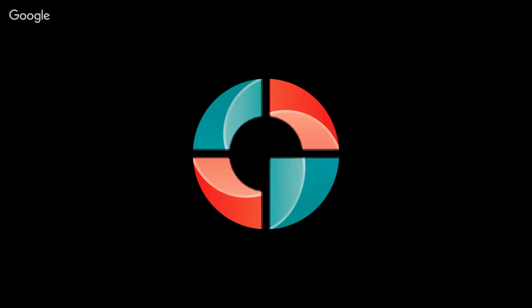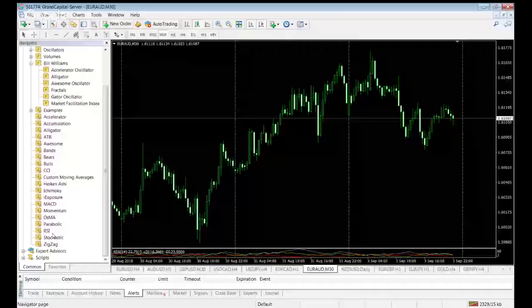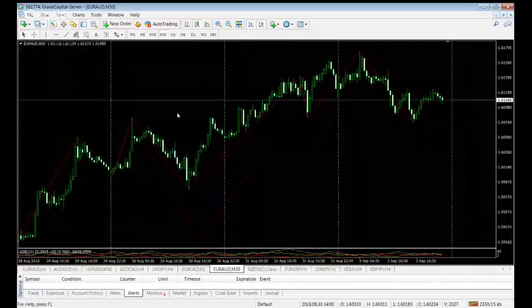This zigzag is majorly used for a trending market. You double click on it, and then you close the window so that you have a very wide picture of this market. Now you can see this zigzag. It helps you to filter the market and gives you a clear direction.